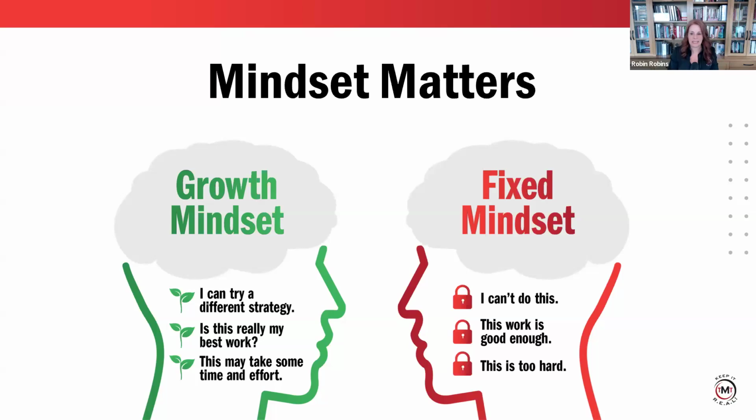A growth mindset is thinking: they want to grow, they want to get the goal, but they're not afraid of trying a different strategy. They always ask themselves, am I doing the right thing? Is this really my best work? Could I improve? They're always trying to improve, always trying to push the envelope, always trying to get to the next horizon. They understand that it's going to take time and effort, and they're not afraid of that.